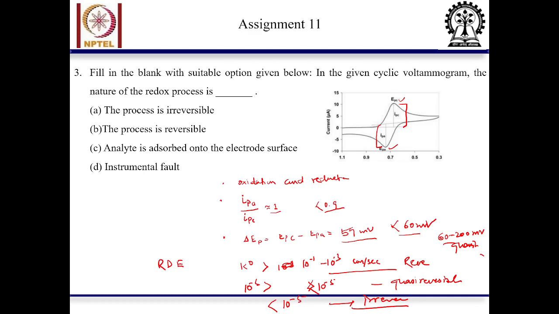So that's why option B is correct. Remember the three criteria: both peaks should be there, IPA by IPC should be close to 1, and the peak separation should not be more than 60 millivolt. And from RDE, this is the different thing.